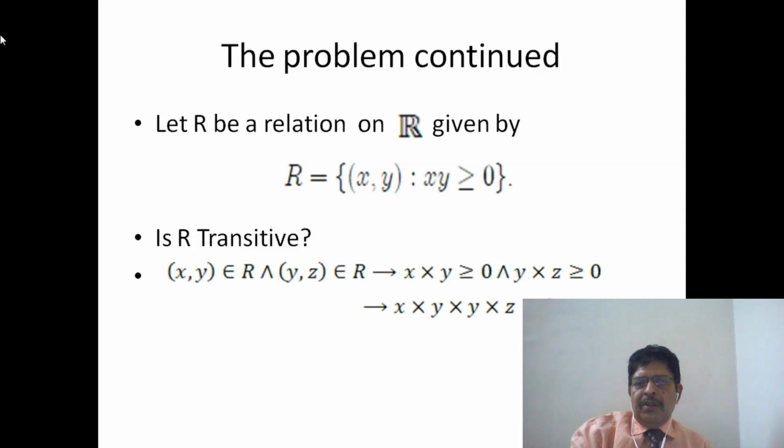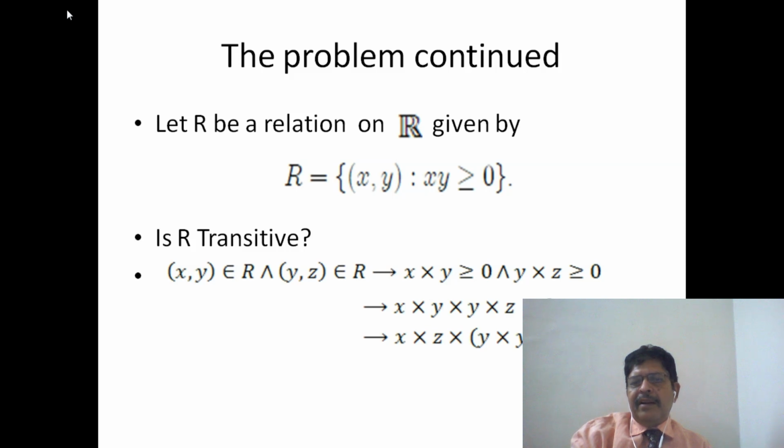So you can multiply, as the multiplication of two non-negative numbers is also non-negative. So no problem here also. Now here we apply the commutative property of multiplication and the associative property of multiplication, and we find that x into z into y into y, this product is also greater than or equal to 0.